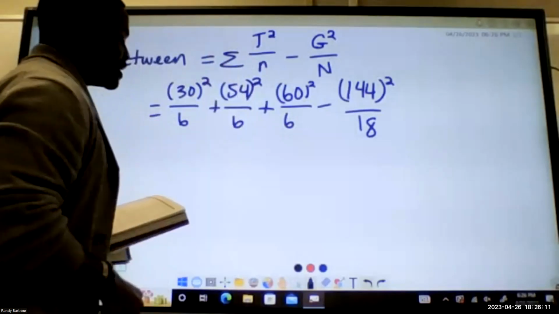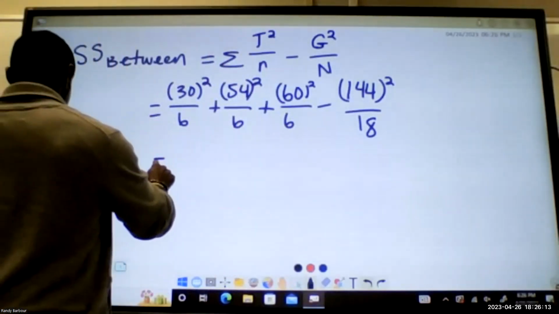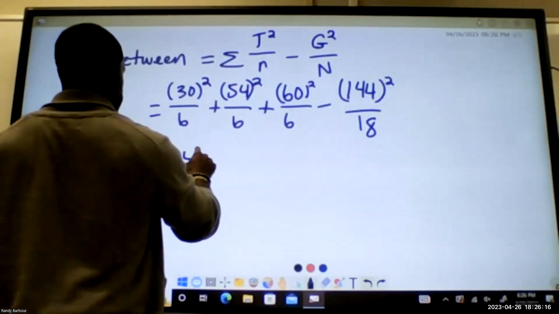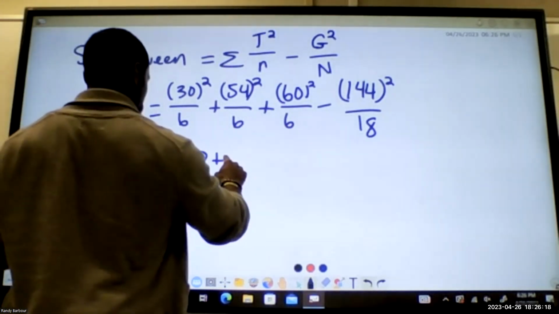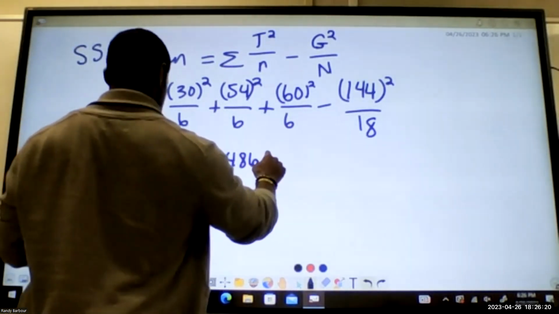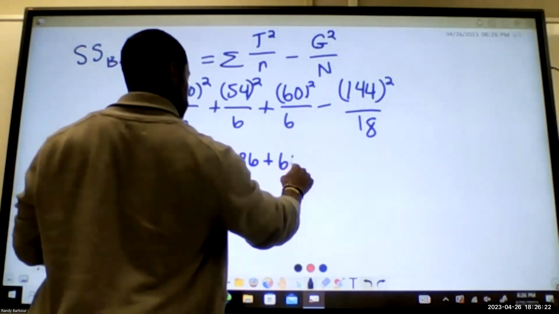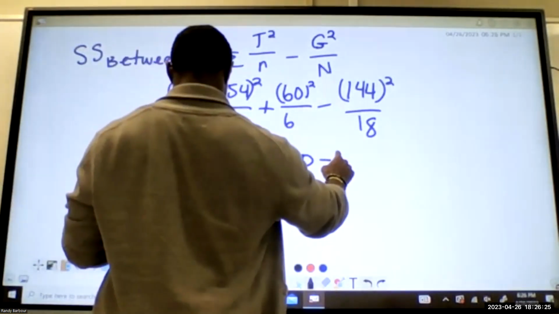And then I just have to do my calculation. So this first one's going to be 150, second is going to be 486, third one will be 600, minus 1152.